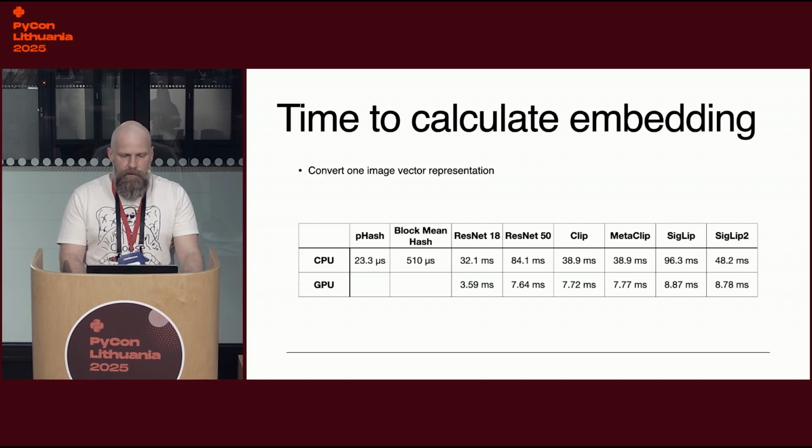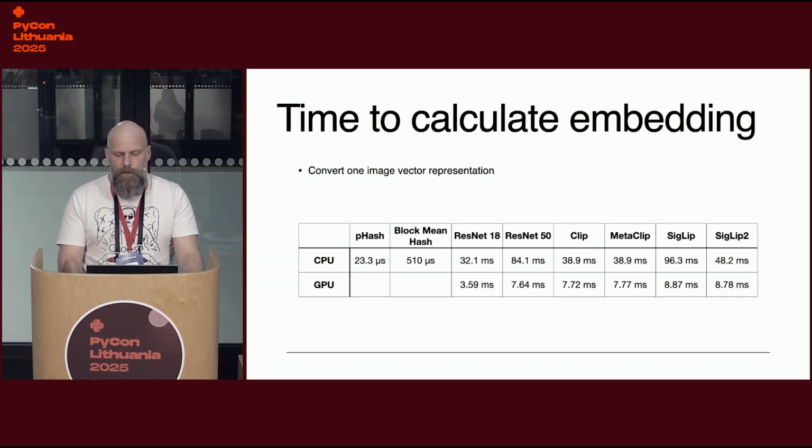One thing that we wanted to take into account also is how expensive it is to calculate embeddings. With perceptual hash methods, it's much faster compared to neural network based ones. But if we use GPU, neural networks also can be pretty fast. And also these times are if we want to calculate embedding for one image.